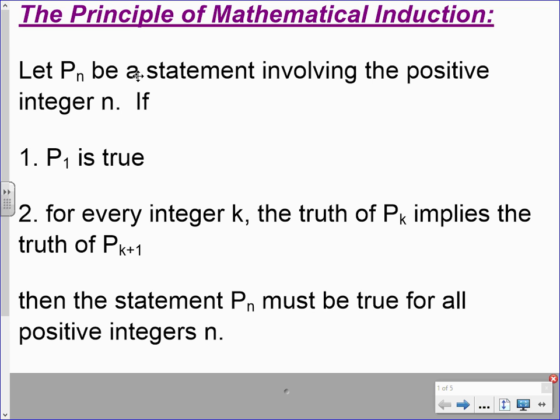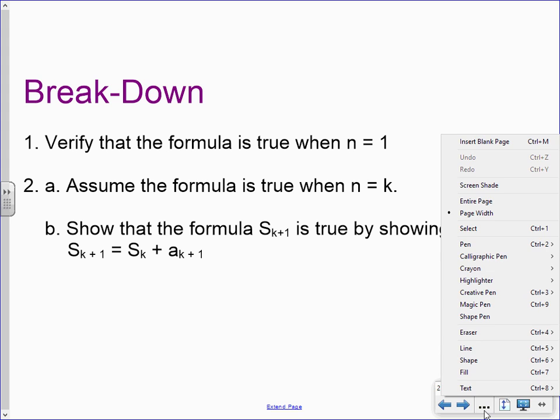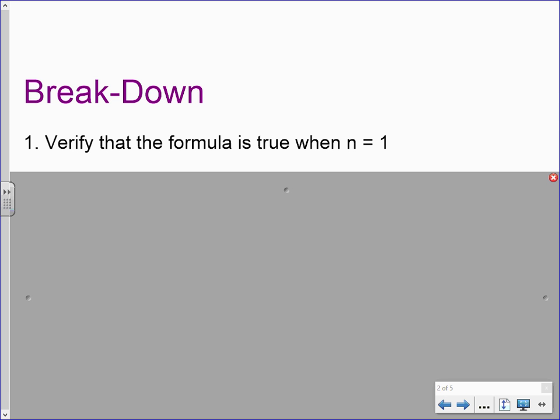Okay? So this is what we need to do today. Our first step is going to be to plug in n and verify that our formula is true. I have to see that step. We have to knock over the first domino.